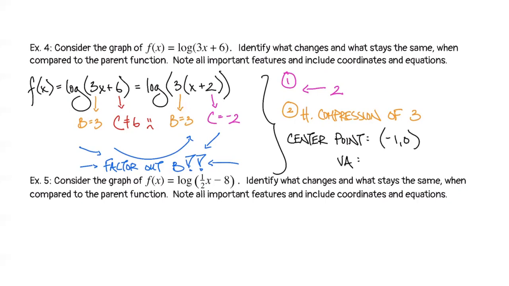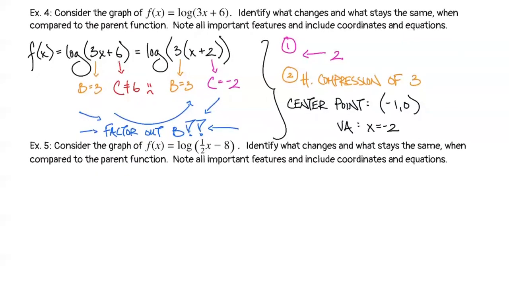We get negative 1, 0. Right. Our vertical asymptote was at x equals 0. So when we shift 2 units to the left, what is the new vertical asymptote? Yep. Perfect.